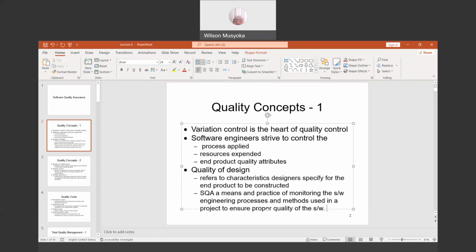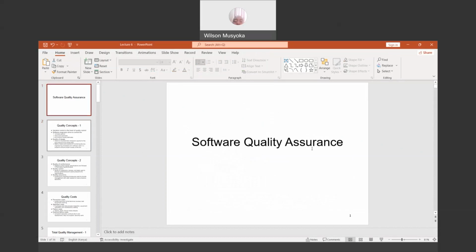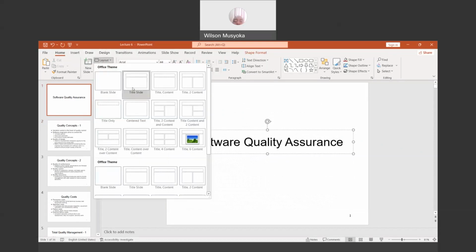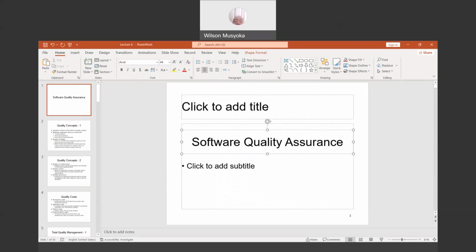But there are specific quality metrics or attributes which we normally base upon, and those will always revolve around 8 areas or subcharacteristics.